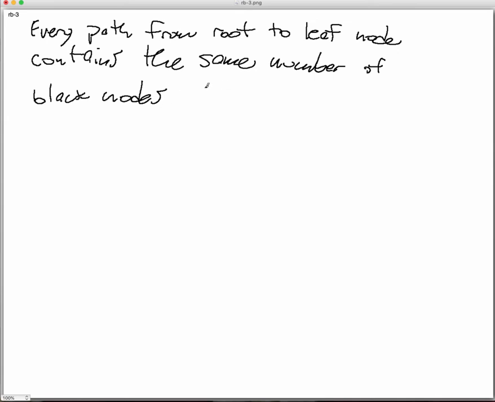And if you like, we'll call this the black height. So what we're saying here is that, first of all, we are not guaranteeing that this tree is necessarily going to be balanced. But we can say something like the following. If we have something like this, and this is black, and this is black, and this is black, and this is a leaf node. So we have a black height here of 3.